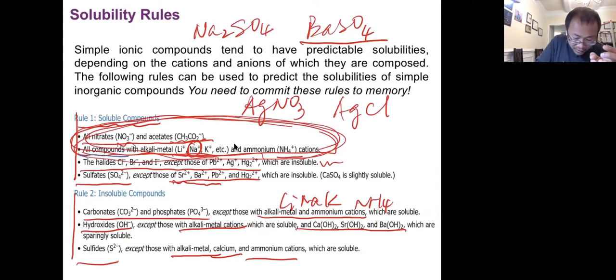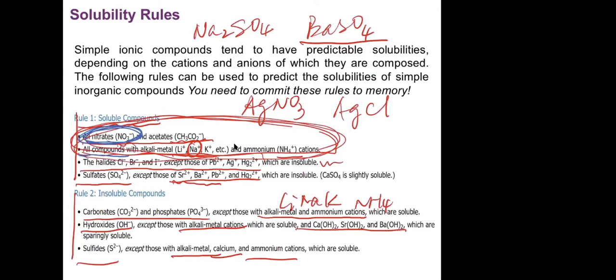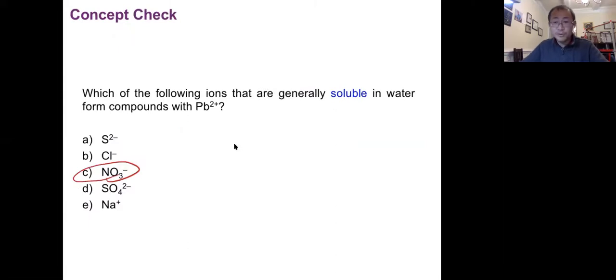All compounds containing what? Nitrates are soluble. Rule number 1: nitrates are soluble. That's why you choose nitrate. The other ones are not soluble. Lead sulfate, lead chloride, lead sulfite are all insoluble. Again, guys, you will see many questions like this in the next test and the quiz.